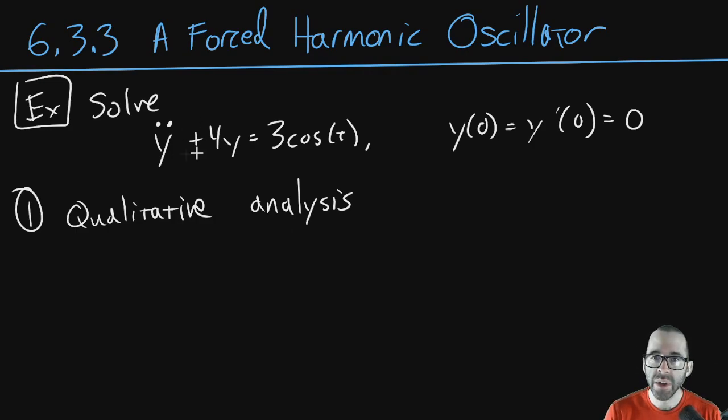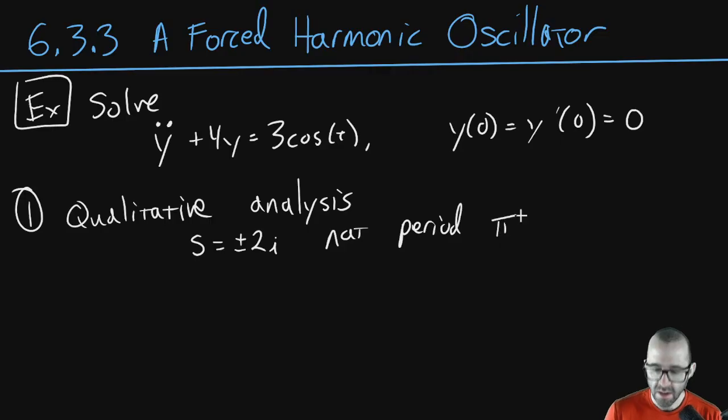So we know we can find the natural frequency very easily, or the natural period, whichever quantity we might be interested in. They're just reciprocals of each other because the homogeneous solution has eigenvalues of just plus or minus 2i. All right, so that tells us that our natural period is just pi, because we're going to have a cosine of 2t in there.